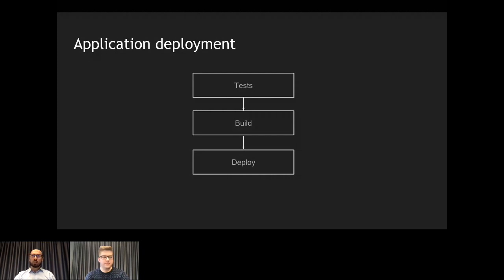Bitbucket Pipelines doesn't force you to use some specific way of deployment. It just allows you to deploy some specific application. So it handles the deployment process and not how your server does certain things.